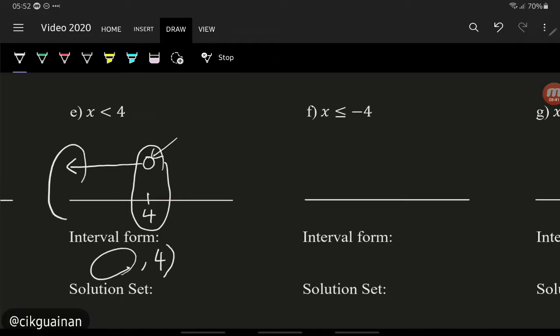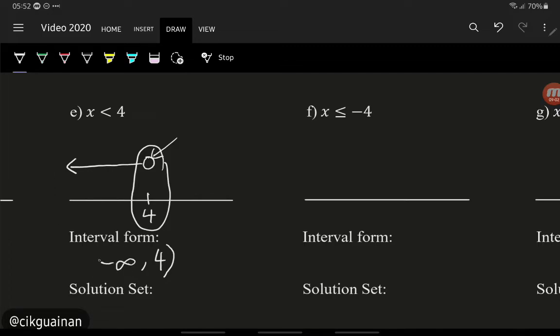We can look over here. This arrow represents all values less than 4, which we don't know, so it's representing minus infinity.